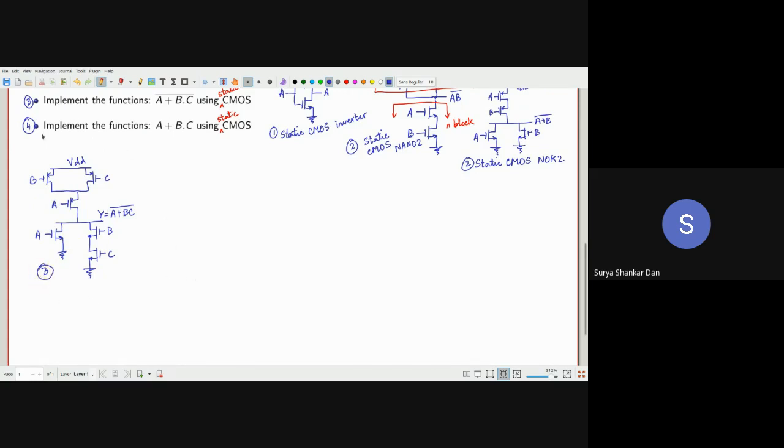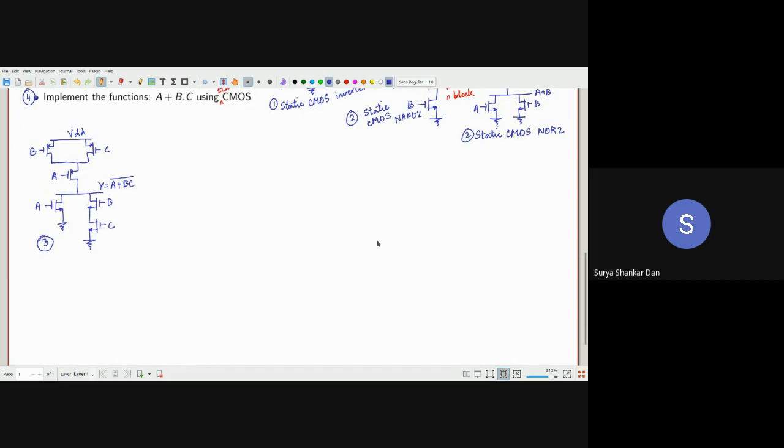Okay. Now the fourth problem is A plus B into C using static CMOS. One of the easiest ways of doing it is just add an inverter of this. So all we will do is we'll simply take one copy of the same, and then we shall just add one inverter.